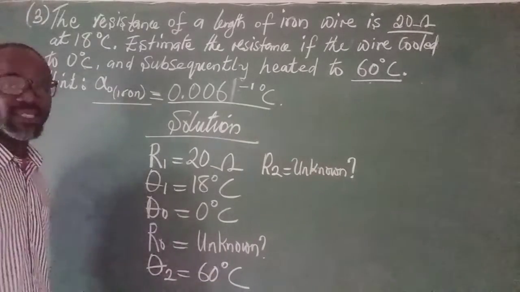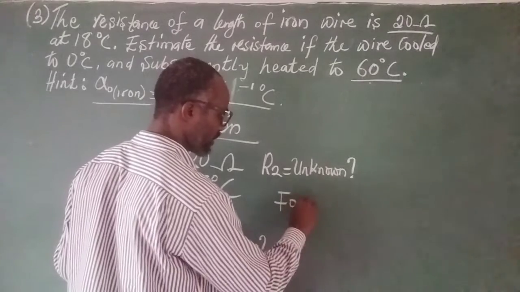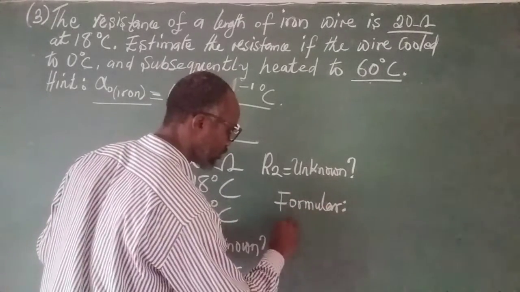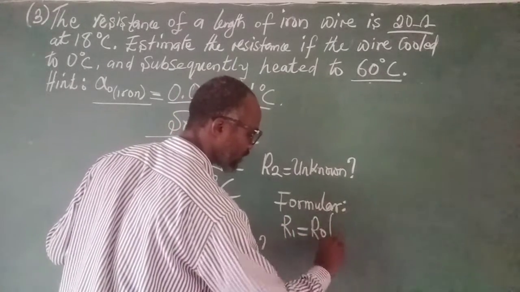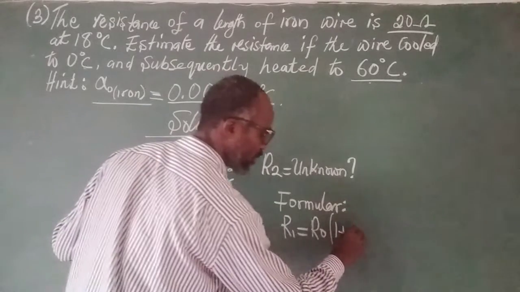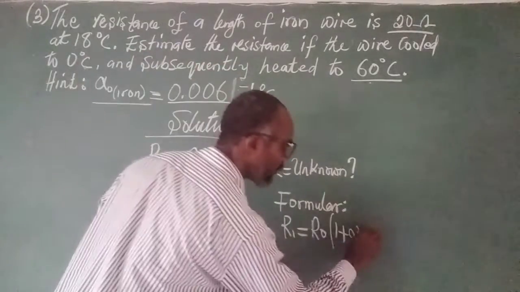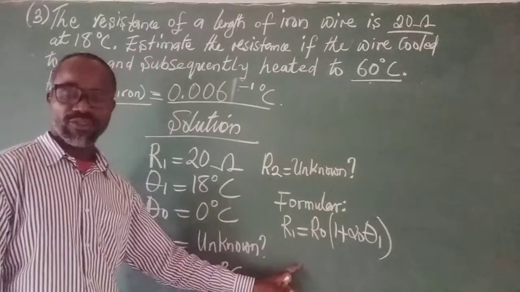And the formula we are going to use is very simple. R1 is equal to R0 bracket open 1 plus the temperature coefficient of the iron wire times theta 1 bracket close. That's the formula we're going to use.